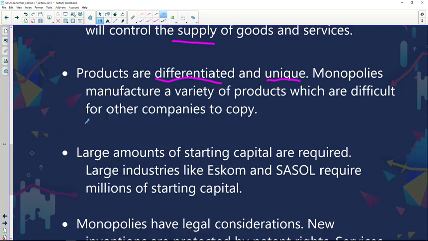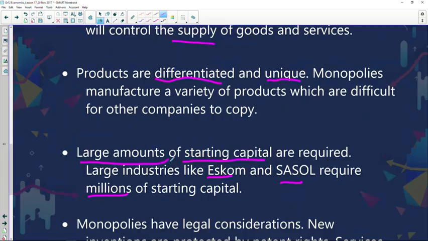So let's continue. Large amounts of starting capital are required. Large industries like Eskom and Sasol require millions of starting capital, so it's not easy to start these businesses. You can't just wake up tomorrow and say, I want to replace Eskom and be the next service provider when it comes to electricity.